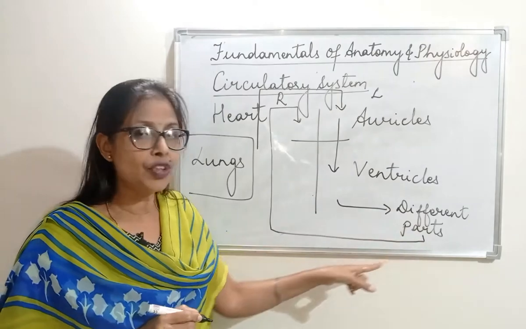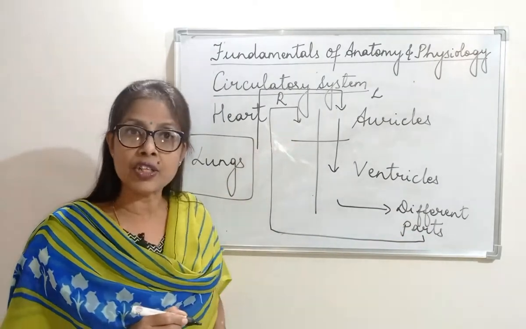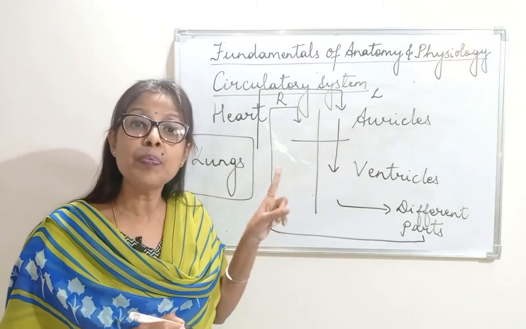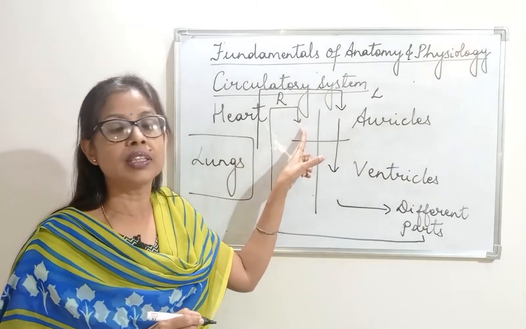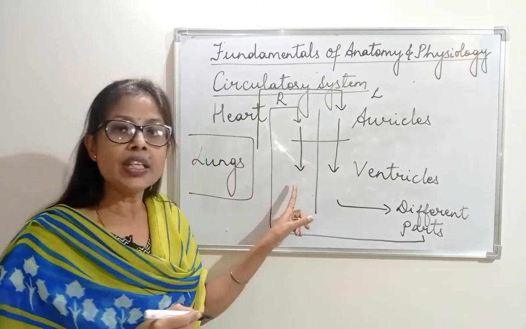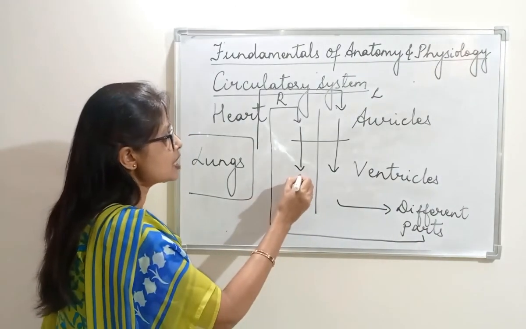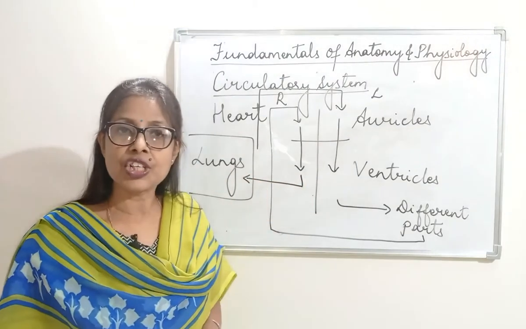Gets collected from different parts of the body and goes into the right auricle. Which blood is this? This is the impure blood, and when it enters the right auricle, from the right auricle it comes to the right ventricle, and from the right ventricle this blood goes into the lungs for purification.